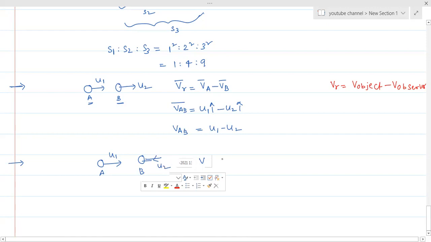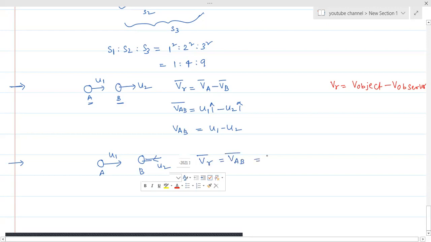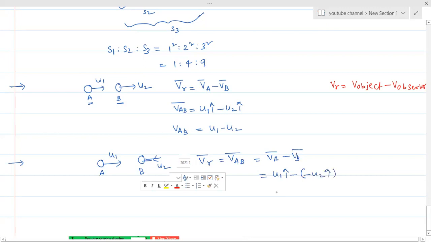So relative velocity VA bar minus VB bar we are taking. So VA bar minus VB bar equivalent to u1 into i cap minus of minus u2 into i cap. So that is equivalent to u1 plus u2 into i cap. So this will be the relative velocity.